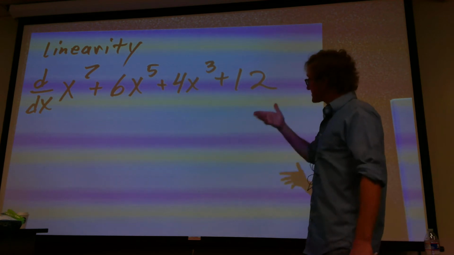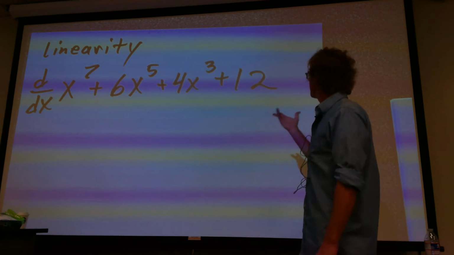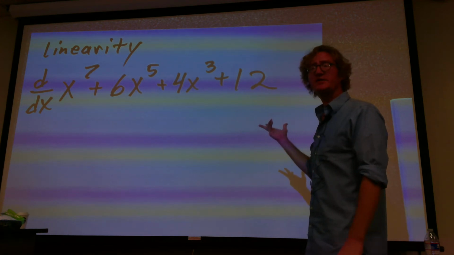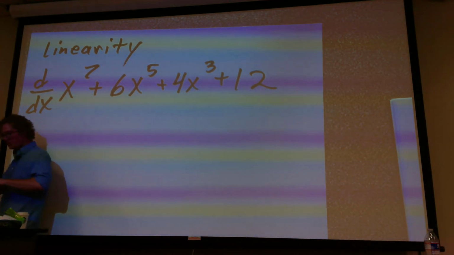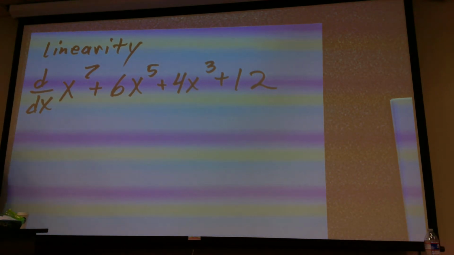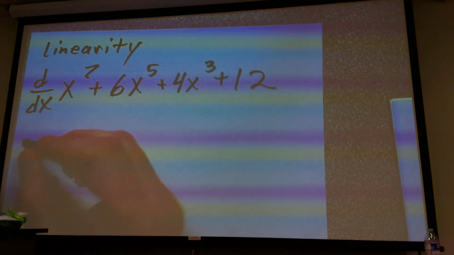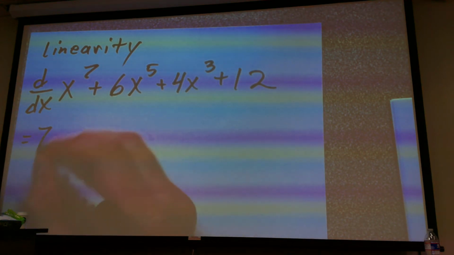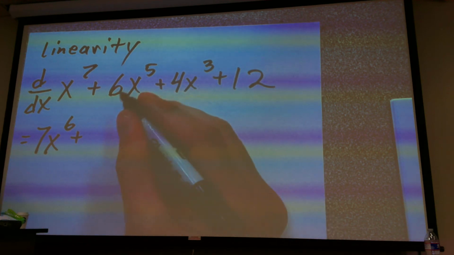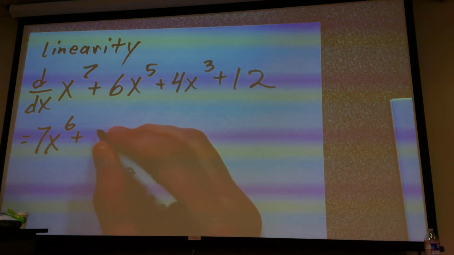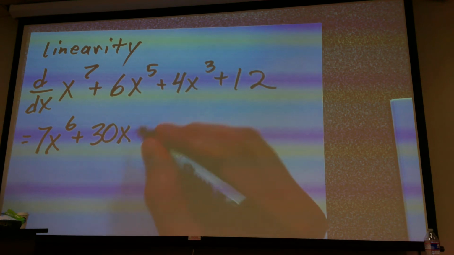So, if I was going to take the derivative of this guy right here, what am I going to do? I'm just going to take the derivative of each component individually. So this thing would equal 7x to the 6th. Okay, so this is going to spit out a 5. So 5 times 6 is 30, x to the 4th.